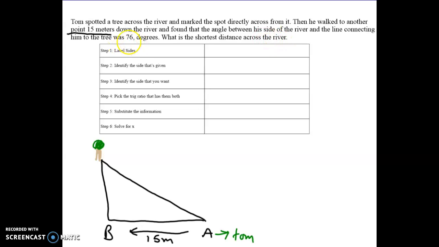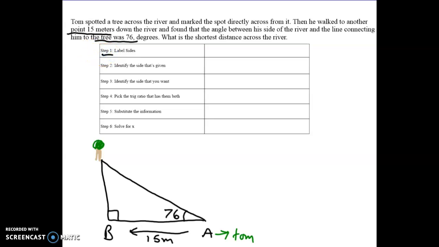We also know that the original point where Tom was looking and the new point form a 76-degree angle. So I'm going to mark that as a 76-degree angle. I'm going to draw my right angle here. I know that is 90 degrees because it forms a perfect right angle from the tree to point B.